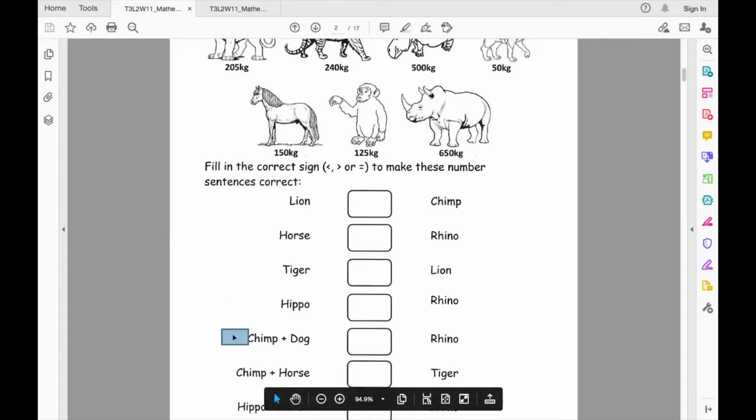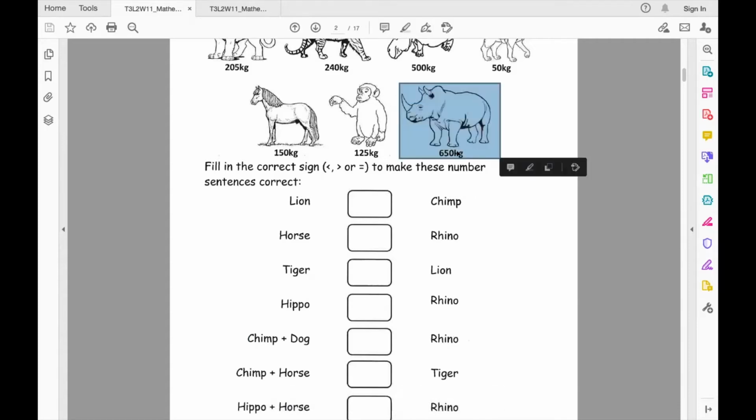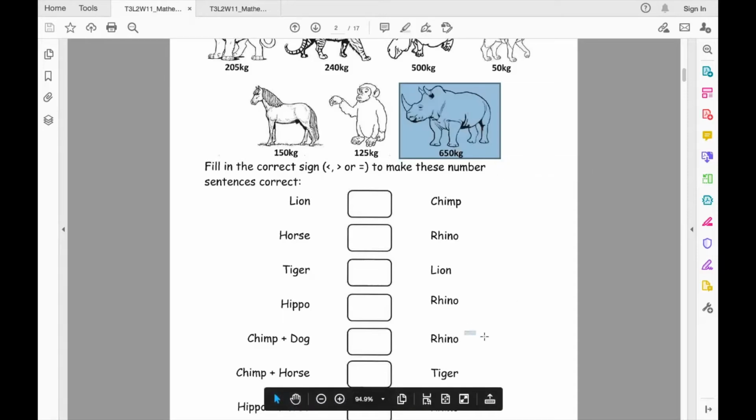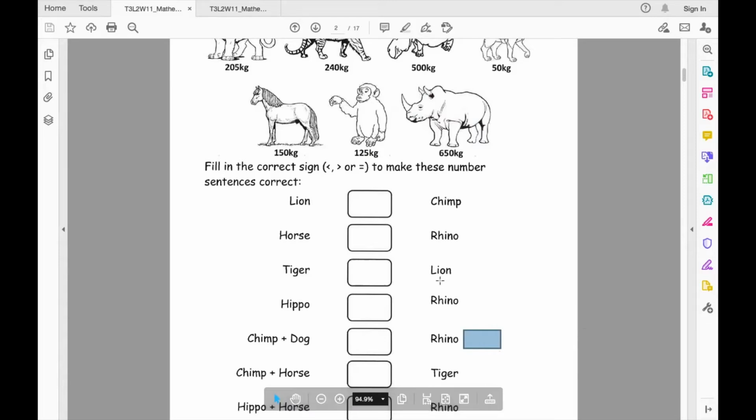After we find that, we can find the weight of the rhino, which is already over here, 650 kilograms, and we can write it over here, 650. Then find out which one would be heavier. So please pause the video and have a try at finding which one's heavier, and then we're quickly going to go through what symbol you're going to write down.